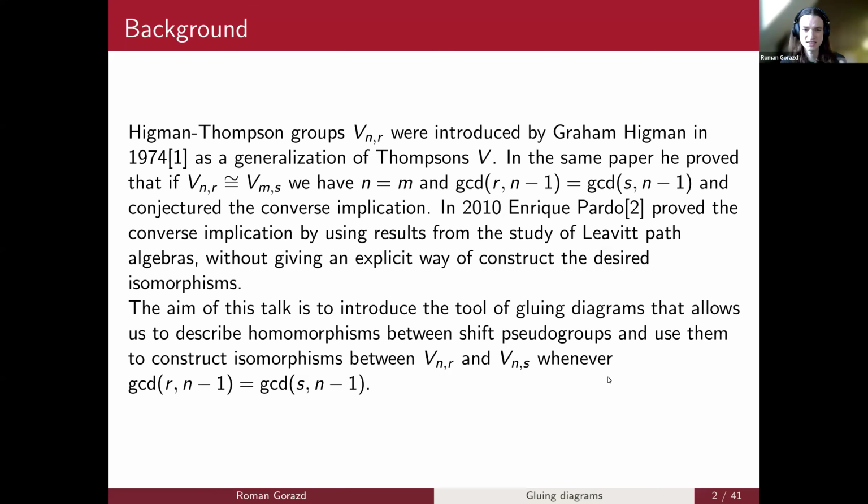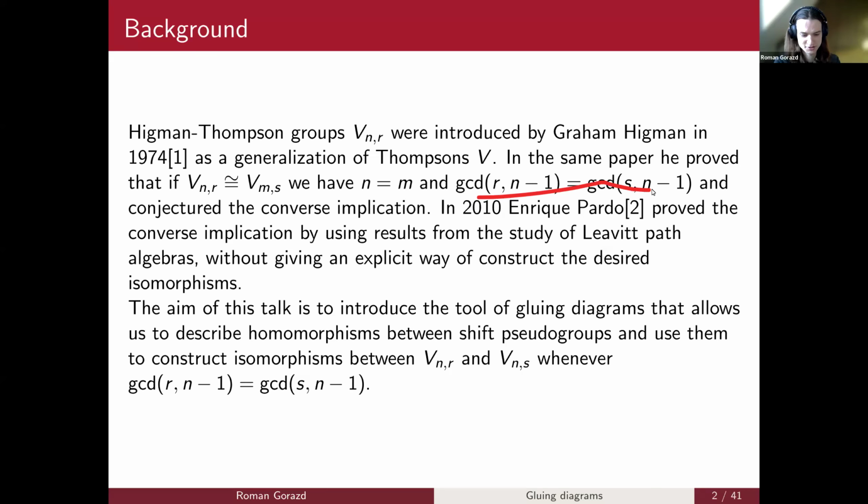They depend on two parameters, n and r, and if two of them are isomorphic, the first parameters have to be equal, and the second parameters have to satisfy a GCD condition.